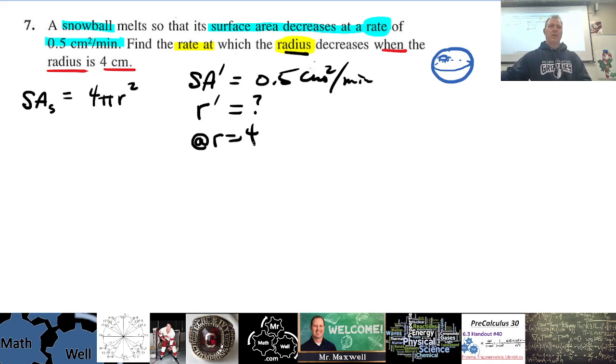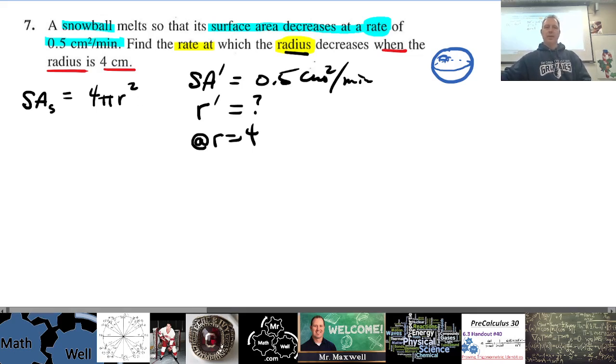Okay. So let's put this all together. I don't want to plug anything in yet, right? We have to take the derivative first. So I'm going to take the derivative of both sides of this formula. I've got SA prime equals, the only variable I have is the r, so I'm going to bring the 2 down, do the power rule. That's going to be 8 pi r to the 1.